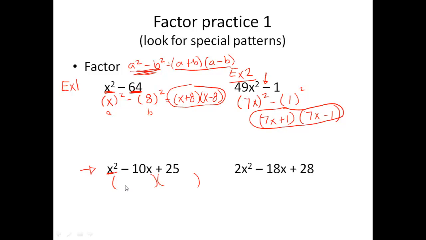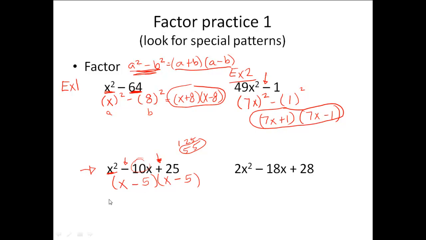I look at my x squared and that tells me I have to have an x and an x. Then I look at my plus sign on the very end and that means my signs match. I go to the next sign and that means they match as minus signs. Then I want to look at my factors of 25, which are 1 and 25, 5 and 5. Got to try to get them to add up to be this 10, so I'm going to use the 5 and the 5.